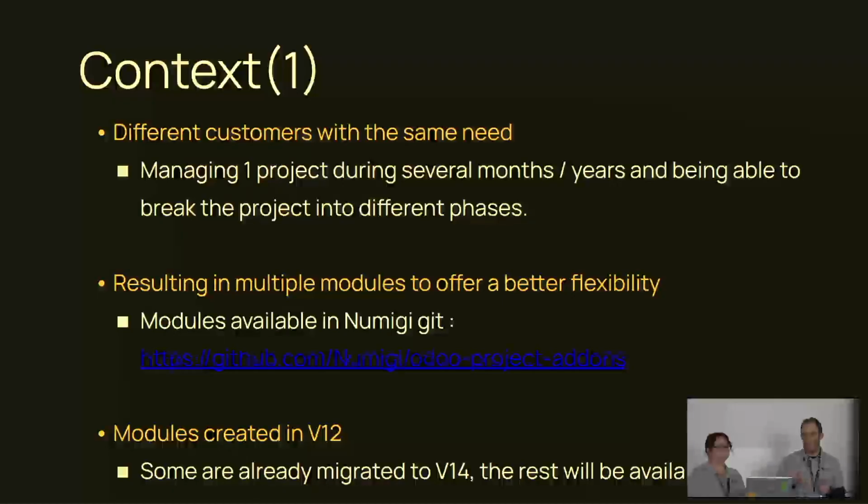As you will see, we developed different modules, maybe a dozen. They are all available on our GitHub project repository, and they were initiated on V12, and some are already available in V14, but some of them remain to be migrated.